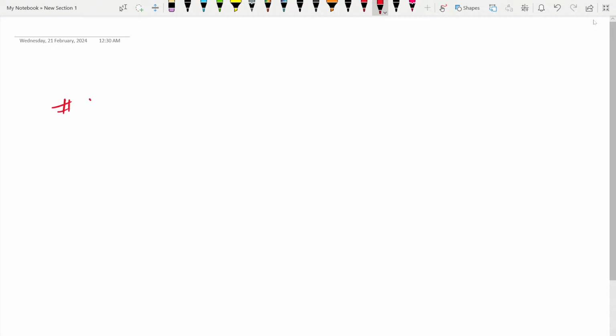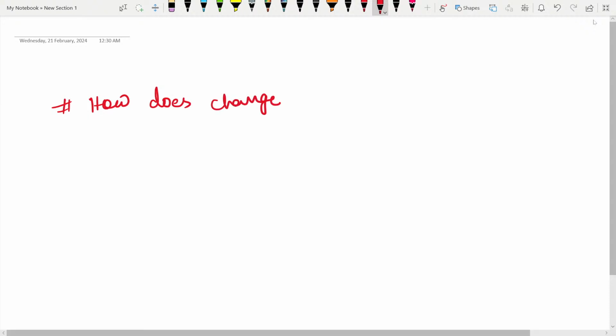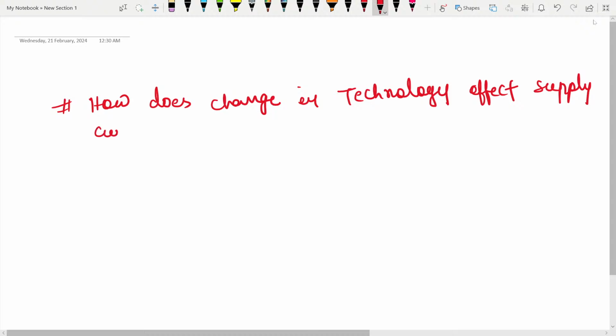So how does a change in technology affect the supply curve of a firm?